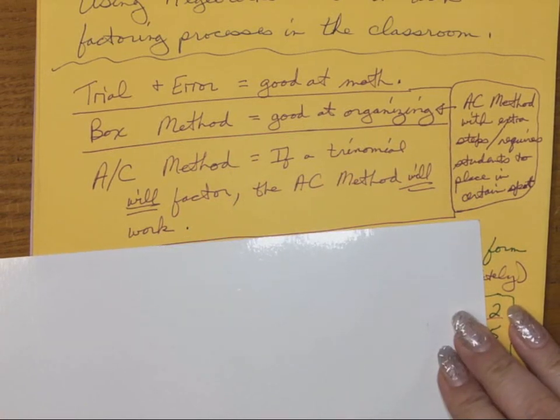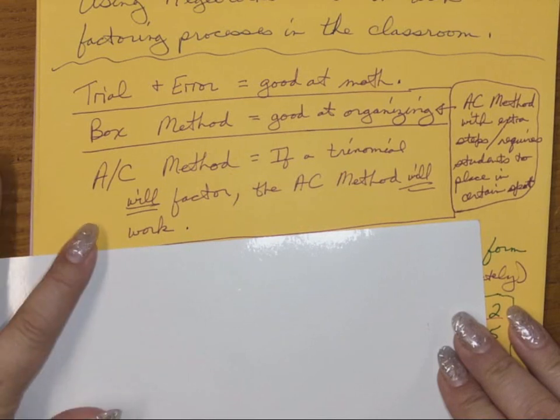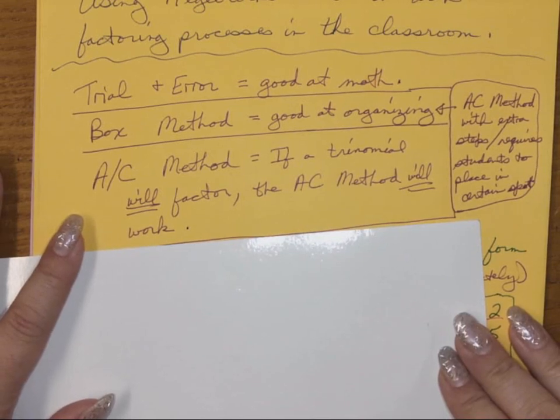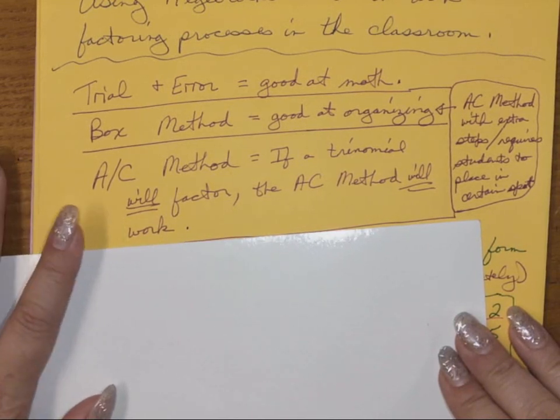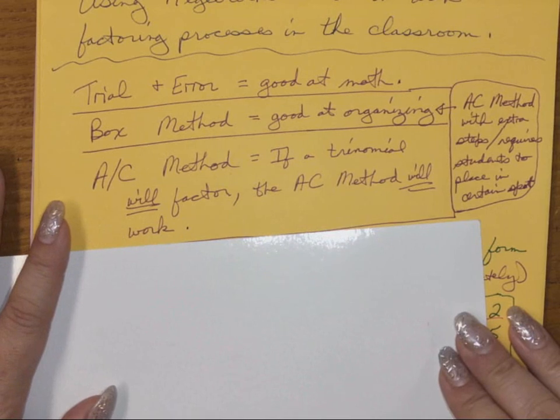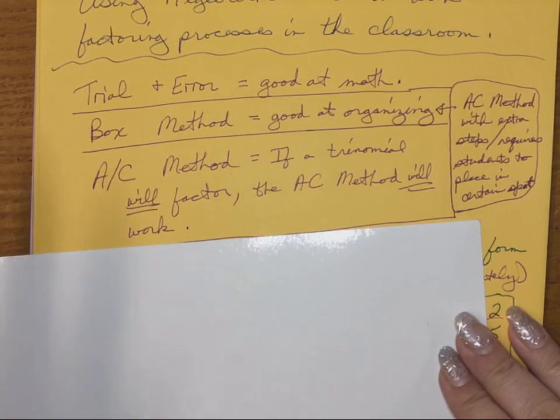And the reason that I use it, actually the department here in Commerce has kind of adopted the AC method. If we're trying to show some of our college algebra or intermediate algebra students how to factor, we use the AC method in general. Okay, so here's the reason. If a trinomial will factor, the AC method will work. So that's the nice thing about the AC method.